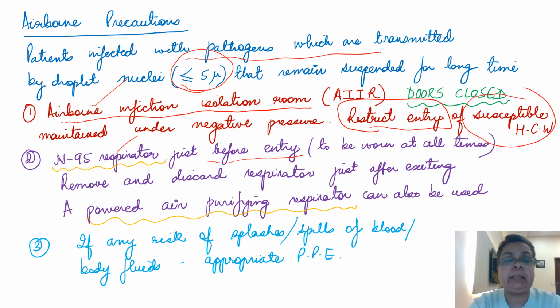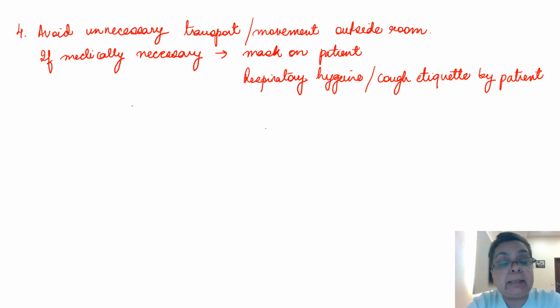And if you're expecting splashes or spills following the entry into the room, then obviously we're going to wear other personal protective equipment also, and wear it accordingly. Next, avoid unnecessary transport or movement outside the room. If medically necessary, ask the patient to don a mask and follow respiratory hygiene and cough etiquette, right? So that's our airborne precautions.